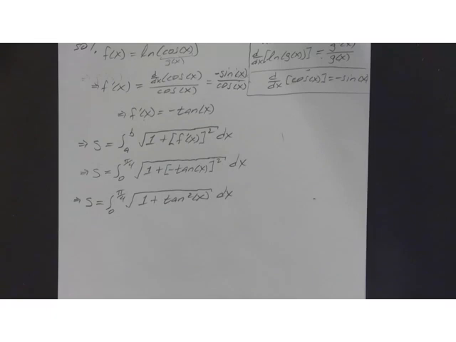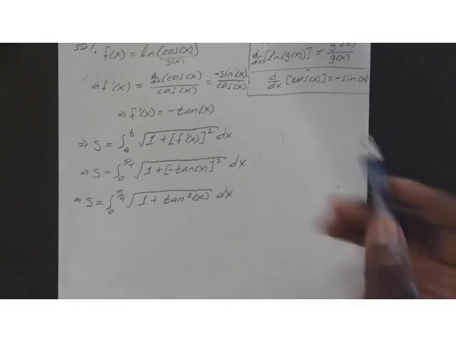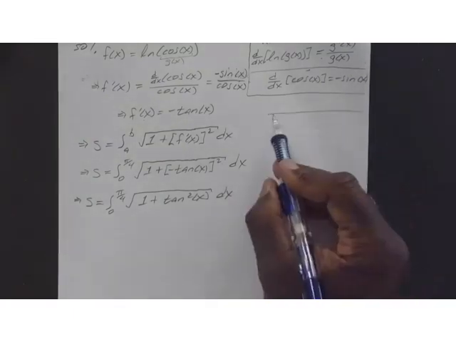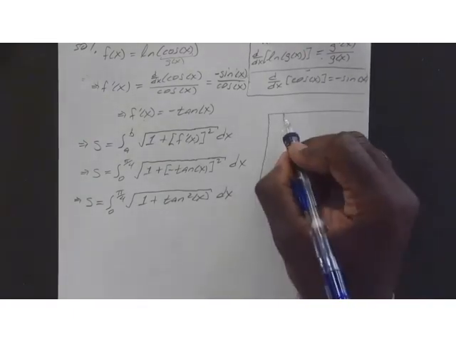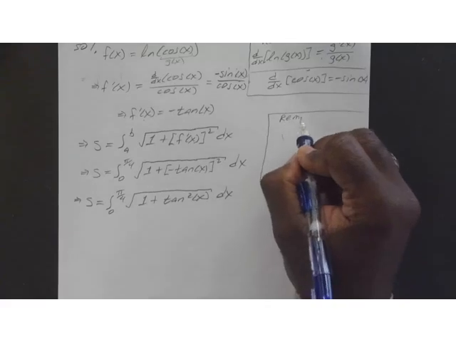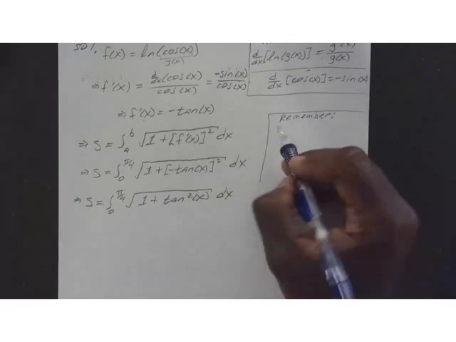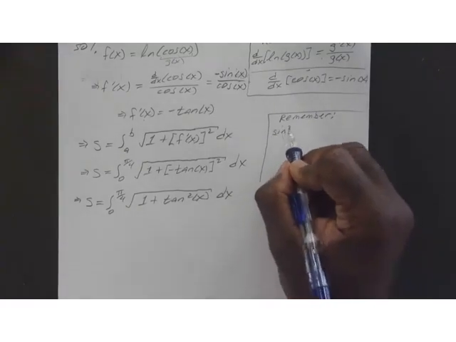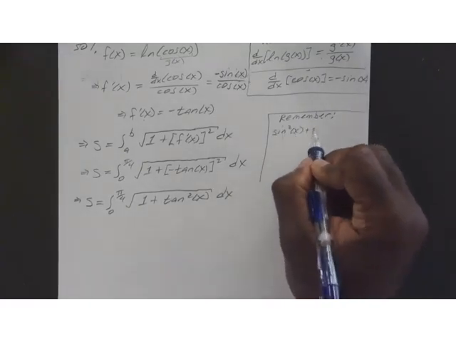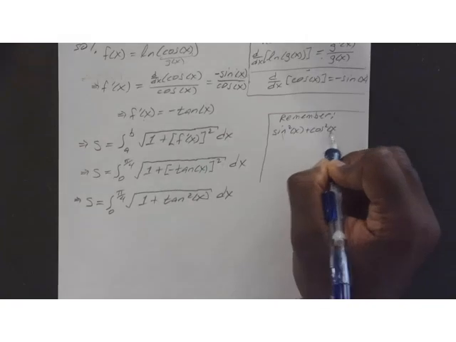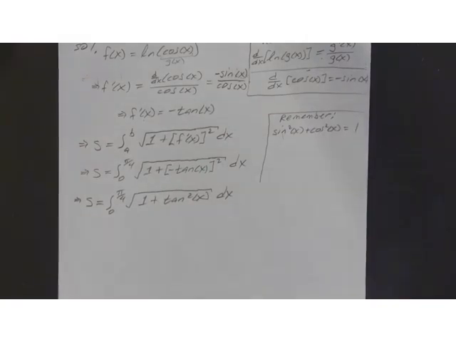Now, this is one situation where we can get rid of the square root. Because if you remember, we know that sine squared plus cosine squared is equal to 1.